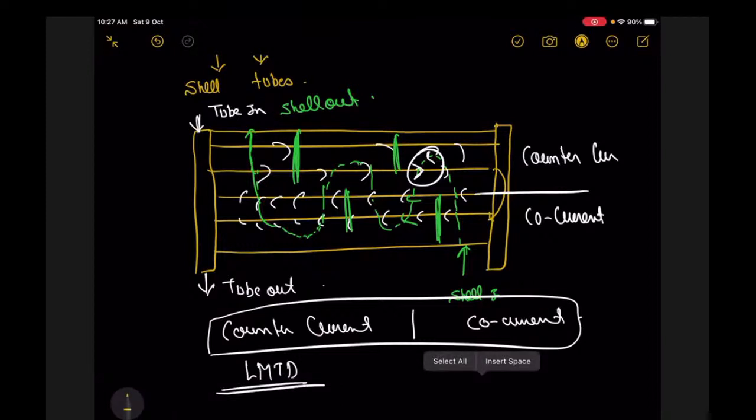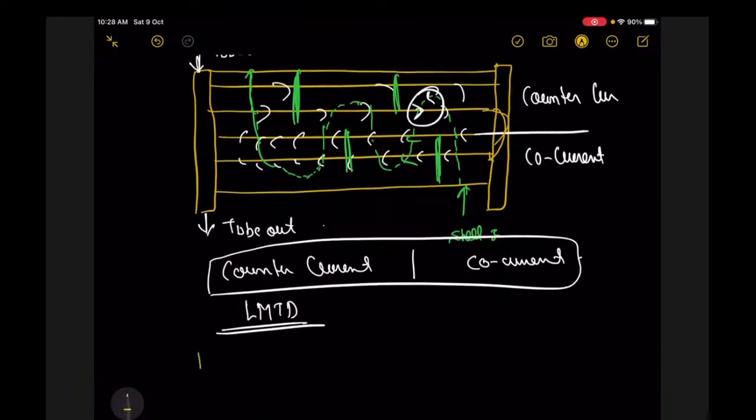The benefit here is there is a turn. Okay. Tubes are turning and more baffles are used. So they are responsible for the turbulence in the system.